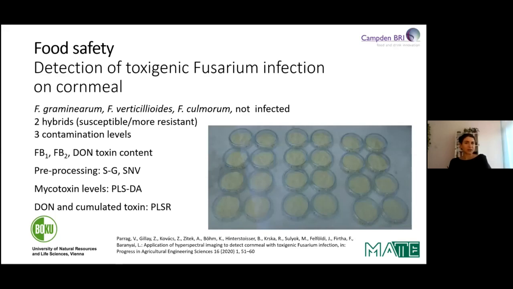Fumonisin and deoxynivalenol content has also been measured using HPLC, and these data were used as reference.